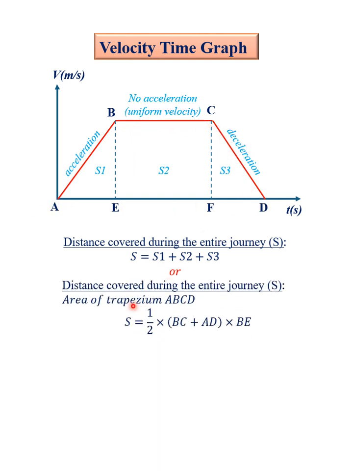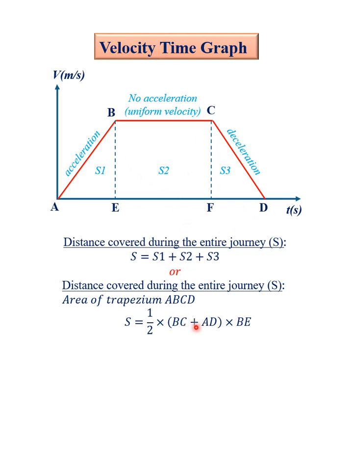So we can say that the distance covered during the entire journey S is equal to the area of trapezium ABCD, and that is equal to half the sum of the parallel sides of the trapezium times the perpendicular height. The parallel sides are BC and AD. They are parallel.